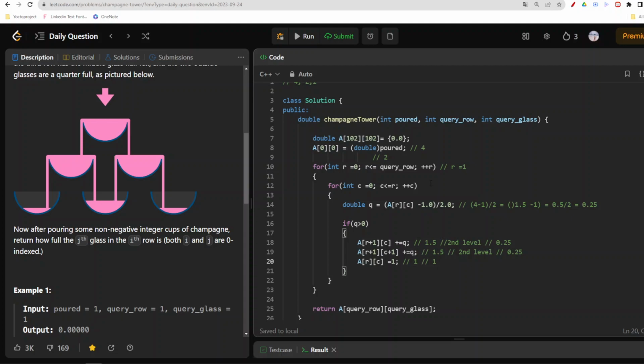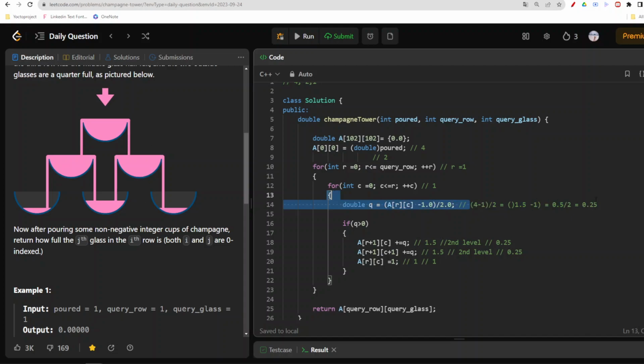So now as our row was 2, c will increment to 1 and 1 is still less than our row. So that's why now when we go ahead, r would be this one only, means now it will be taking this one glass because row is basically 1 only, right? And the glass will change to this one.